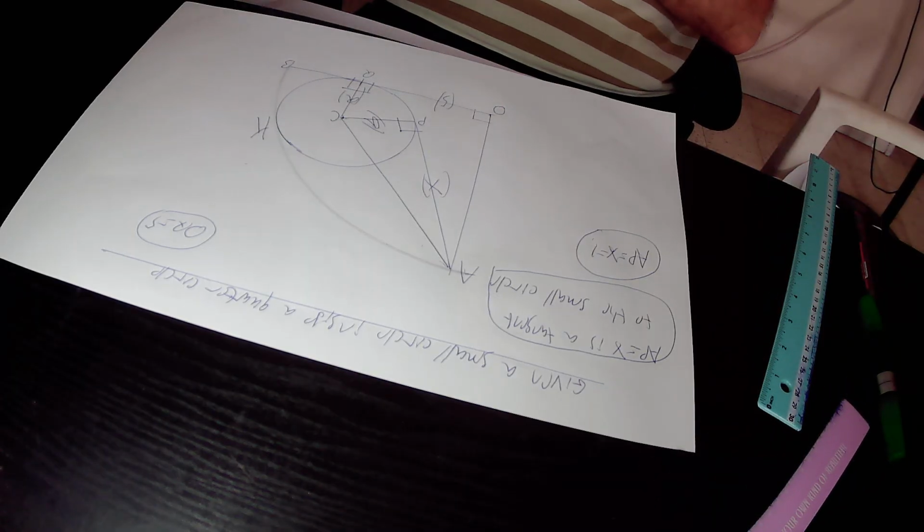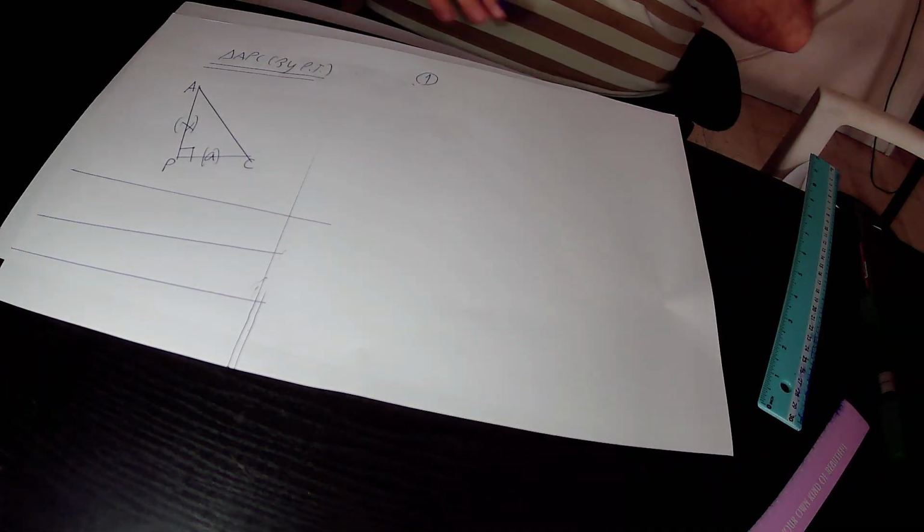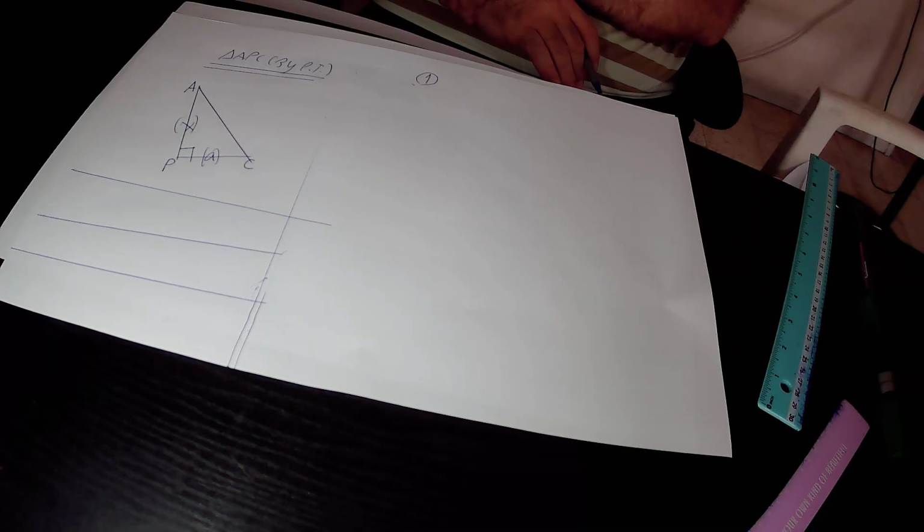So actually, this is the right triangle APC, according to the original drawing. In this right triangle APC, according to the Pythagoras theorem, AC squared, that is the square of the hypotenuse, is equal to AP squared plus PC squared.